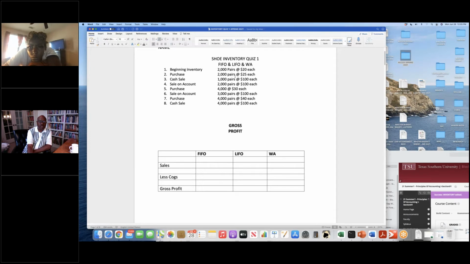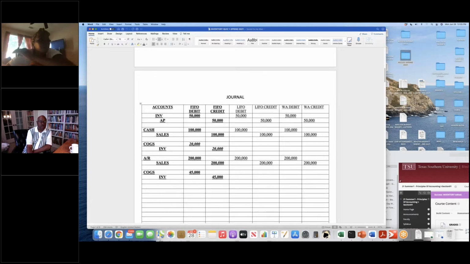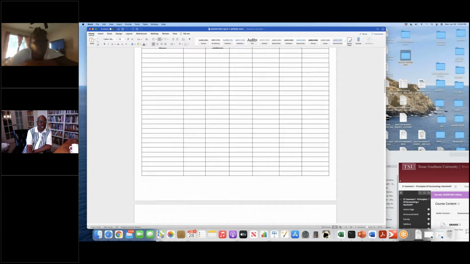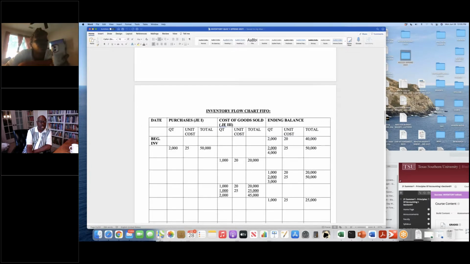The first was a purchase of 2,000 pair at 25 each. So it'd be inventory, accounts payable, 50,000. So you should have had 2,000 at 25, 50,000, and you should have dragged that over to your balance. And so before you make that first sale, it was 4,000 pairs of shoes available.